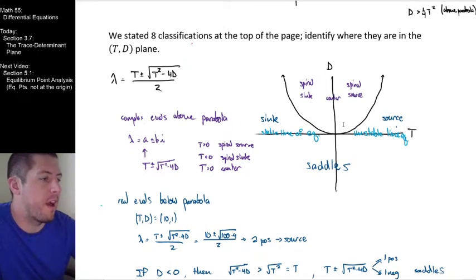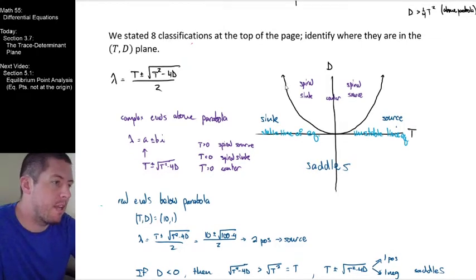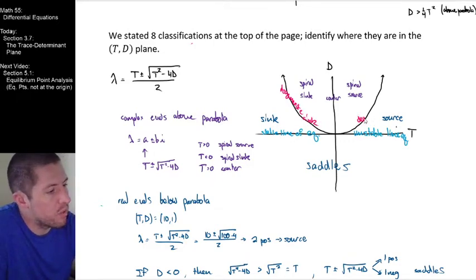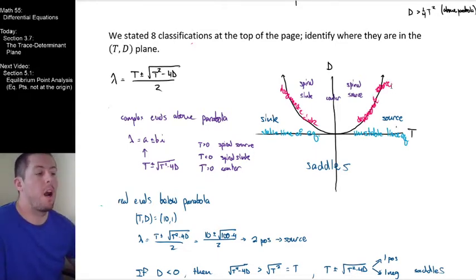And so it looks like we've got our degenerate sink is this guy. Oh, no, I'm not smart enough to do that. This is our degenerate sink. And this will be our degenerate source, when we are on those axes.